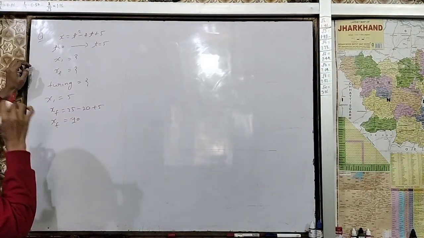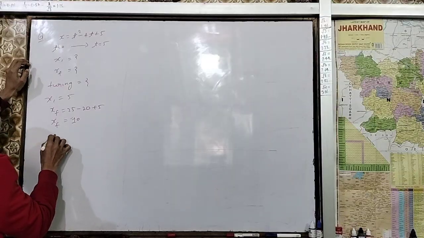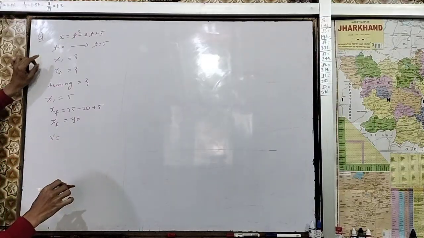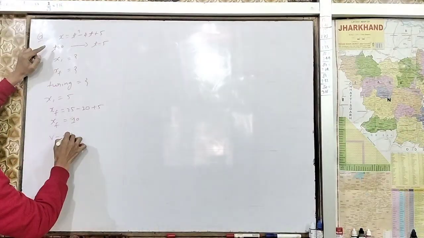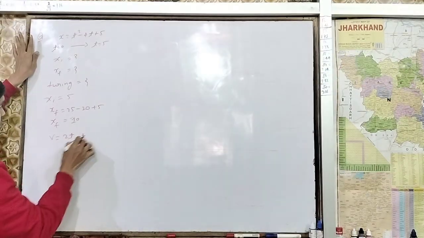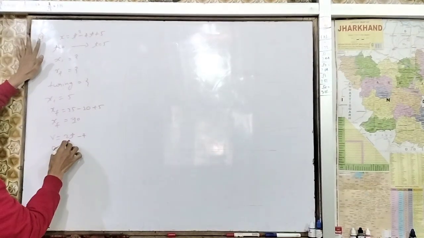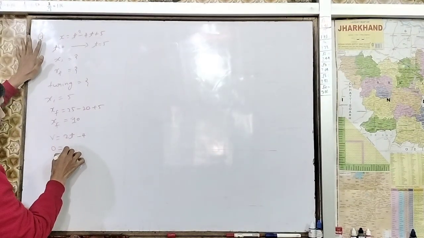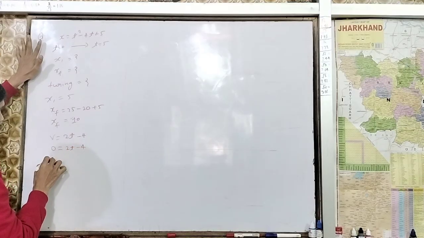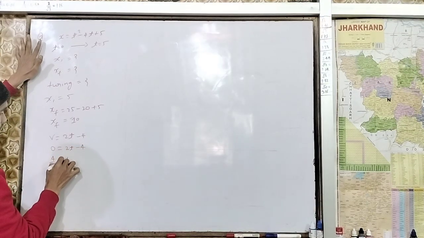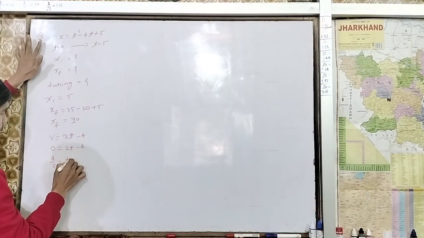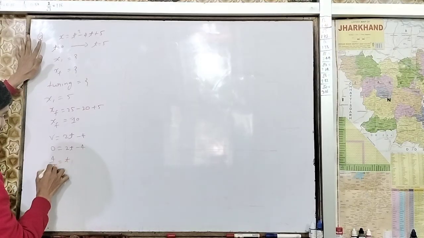Now what about the turning point? For the turning point, as we know, v is going to be 0. So 2t minus 4 will become 0. 2t minus 4, 4 upon 2, t came as 2.